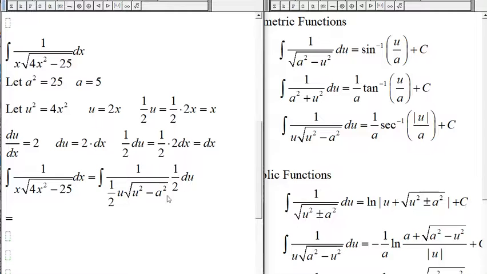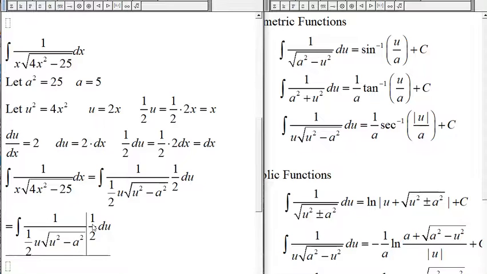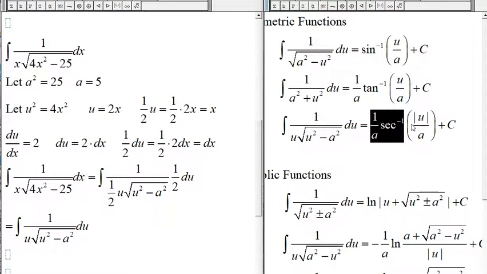And so here 1/2 and 1/2 cancel out. And then what's left is just 1 over u times the square root of u squared minus a squared, which is this formula right here.